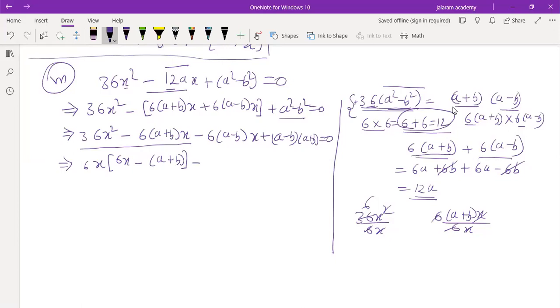Okay, minus. Now in these two, we are observing that a minus b is common. So when we take a minus b common, the first term is minus 6 into a minus b, and we have taken minus of a minus b common. Minus cancel, a minus b cancel, it is only 6 and x is also there. Okay, this x plus a minus b common, and it is not minus as we have taken minus of a minus b common, na?